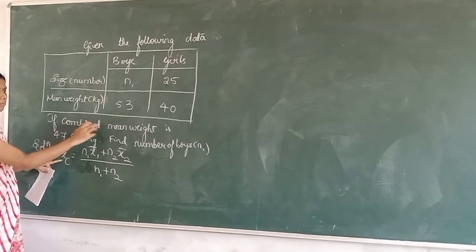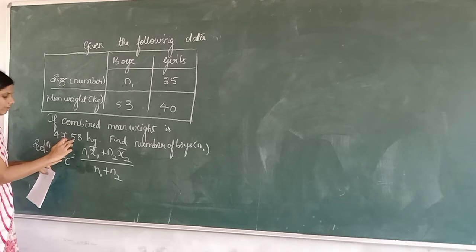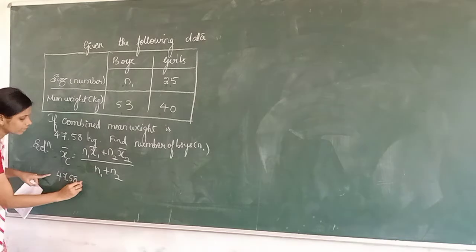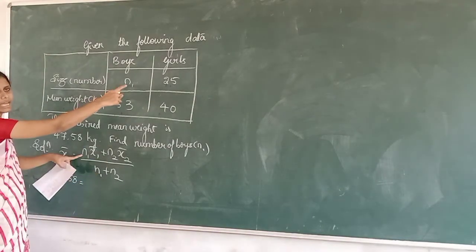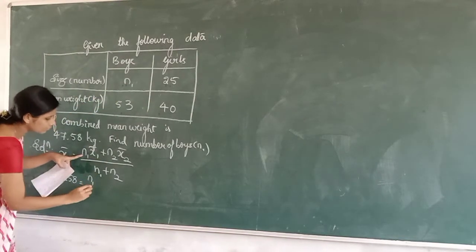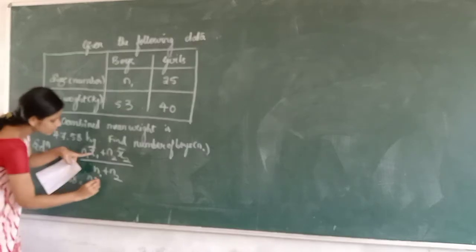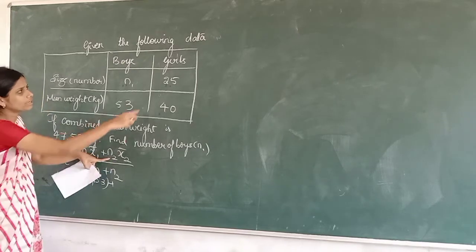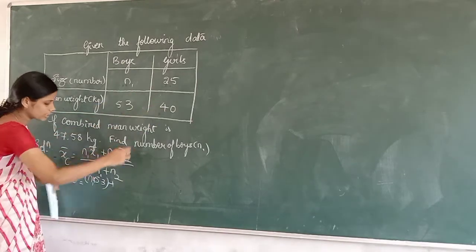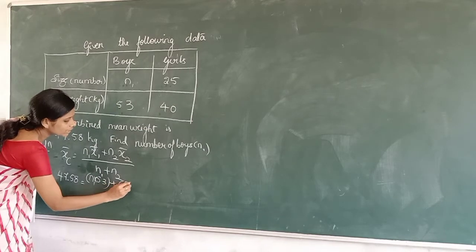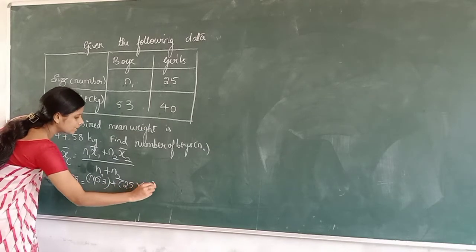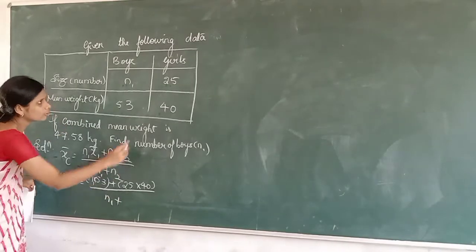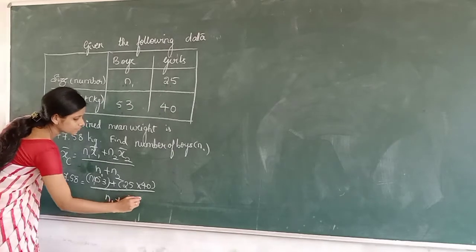Combined mean is 47.58, so 47.58 is equal to n1, whose value is not known so we write it as it is, n1 into 53 plus n2 value 25 and x bar 2 is 40, that means 25 into 40, divided by n1 as it is plus 25.